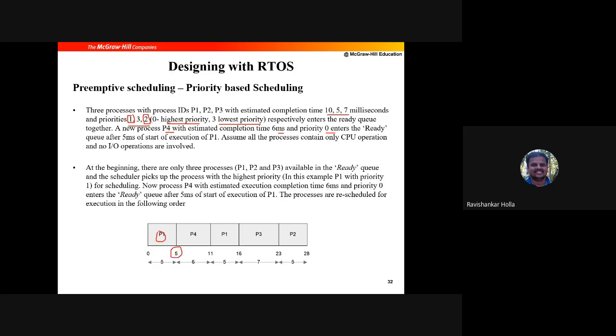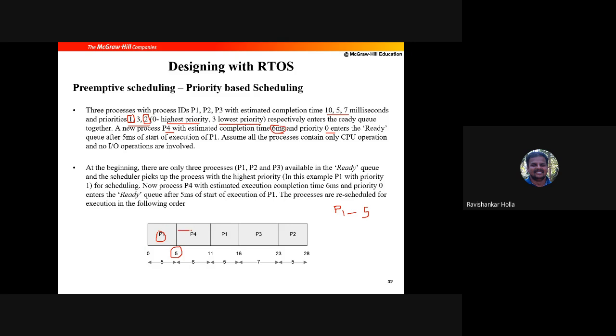P4 enters, and because P4 has higher priority than P1, P1 will be preempted. So P1 is still left with 5 more milliseconds of execution, so it will be waiting. At the fifth millisecond, P1 is left with 5 more milliseconds of execution. Now P4 will be executed because it has the highest priority and it requires 6 milliseconds of execution, so it completes.